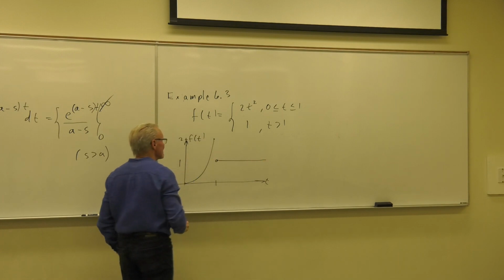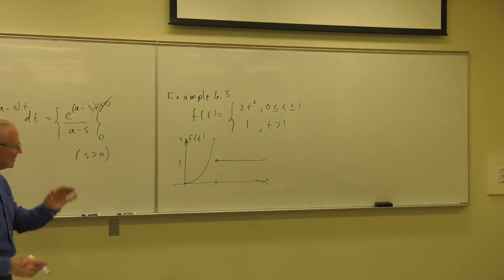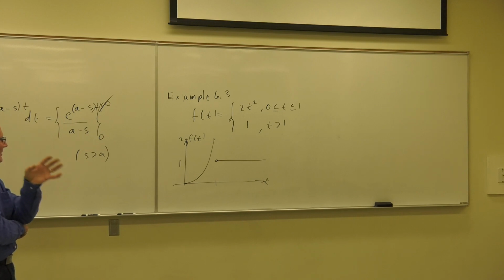So what we've got then is a discontinuous function to find the Laplace transform of. And that's reminiscent of when I had that tank back there, and I wanted to keep changing the rate at which salt was coming in. I would have a discontinuous function. This is trying to prepare the way for doing that.